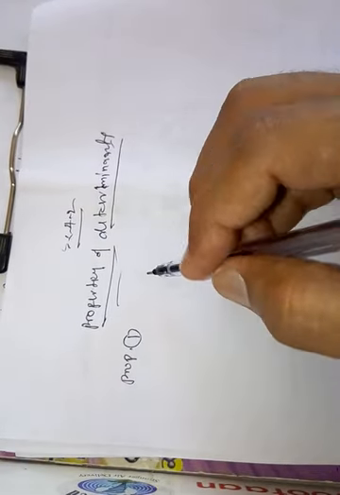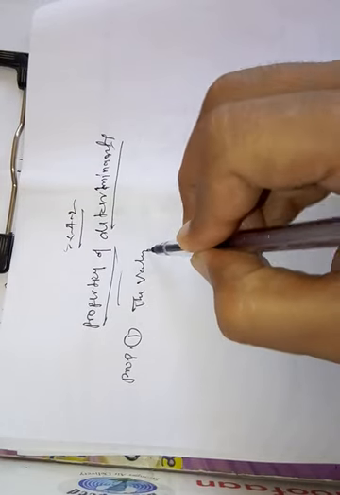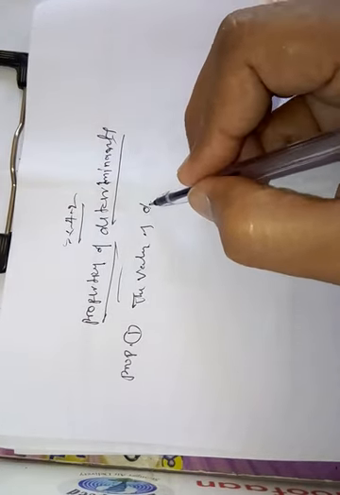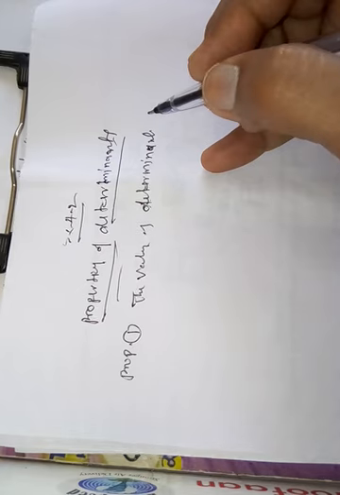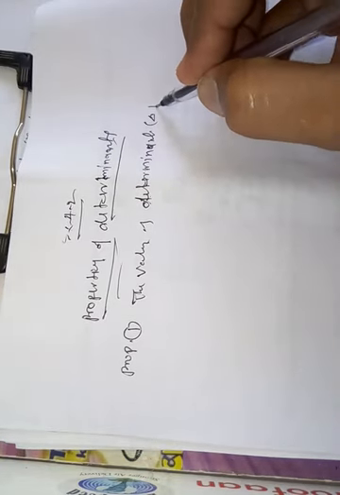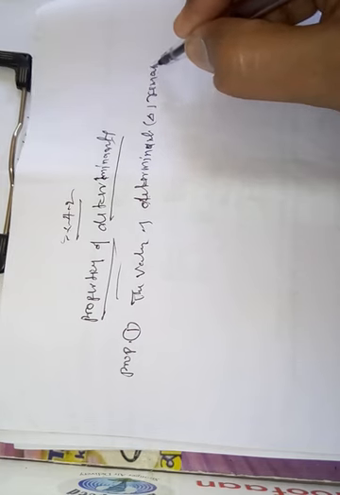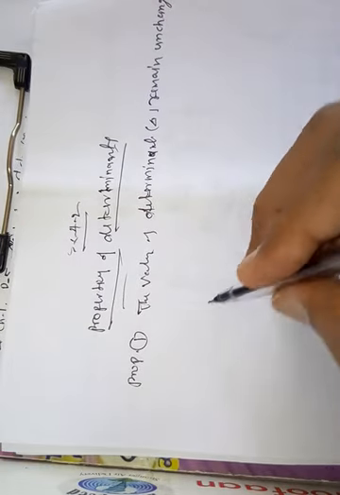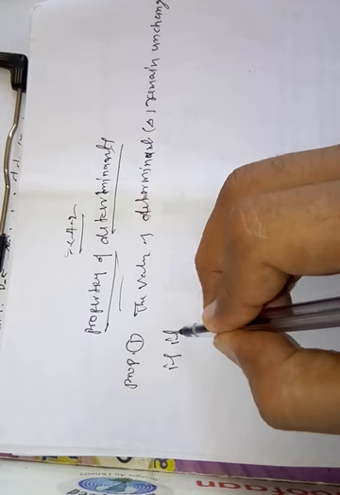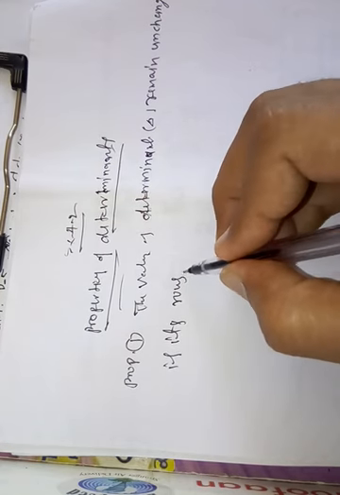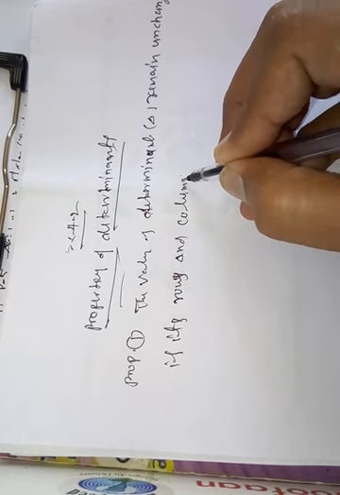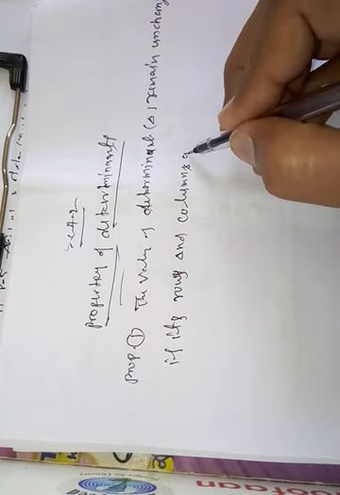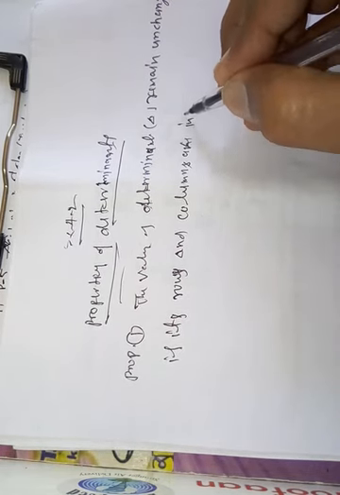Property number 1: the value of a determinant, denoted by delta, remains unchanged if its rows and columns are interchanged.